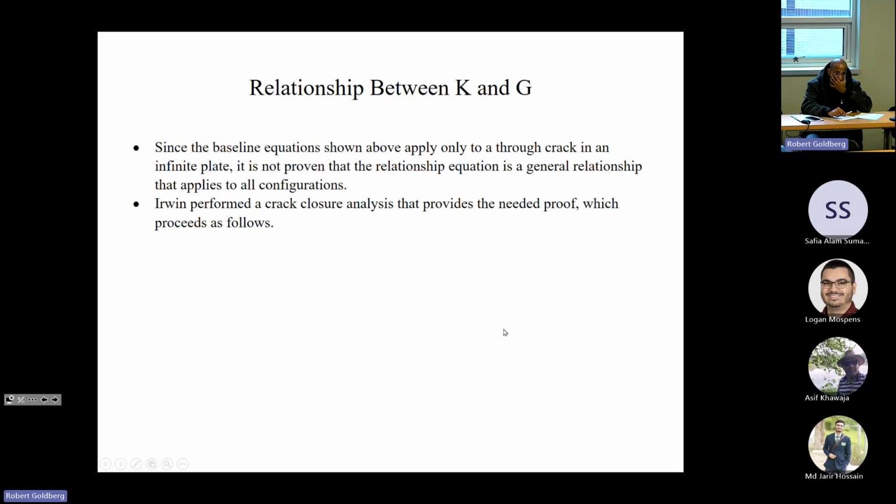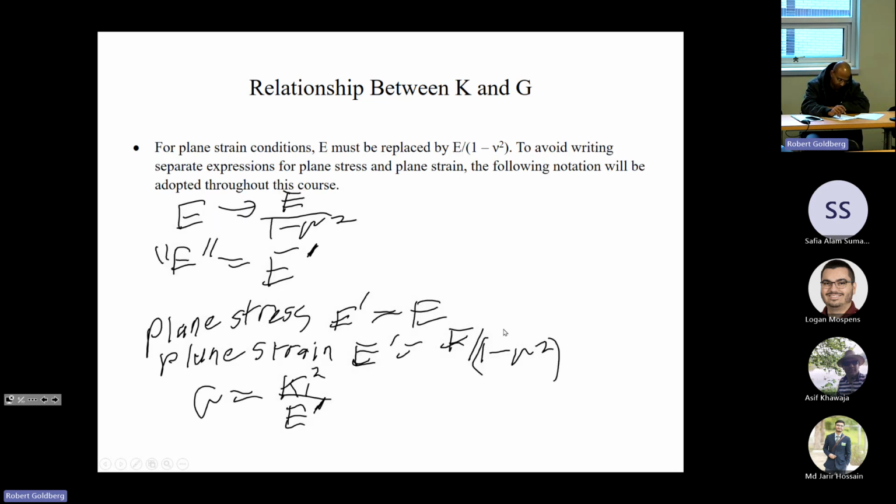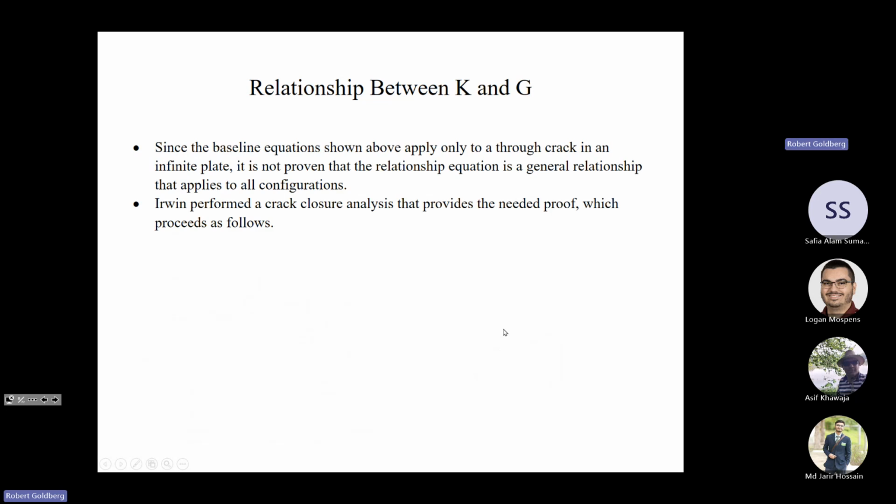So we've not proven that this relationship is a general relationship that applies to all configurations. So we're actually going to go through an exercise to show that this actually is a general relationship that's true whether we have an edge crack or the other various and sundry conditions that we talked about.